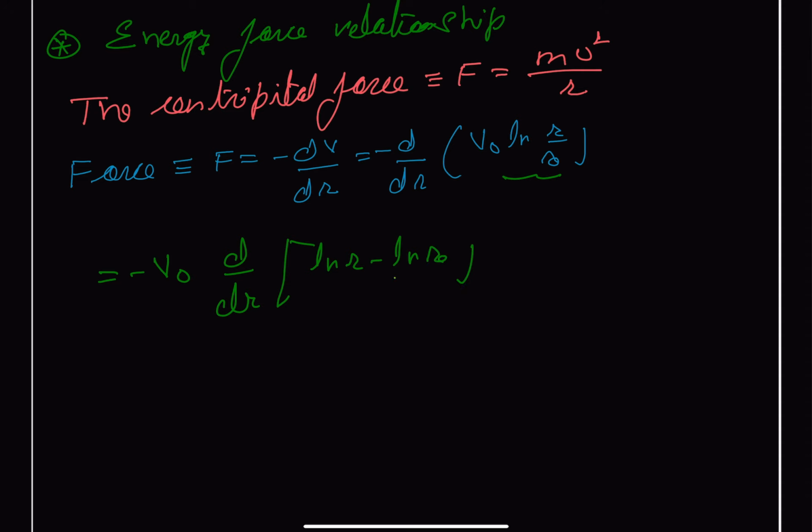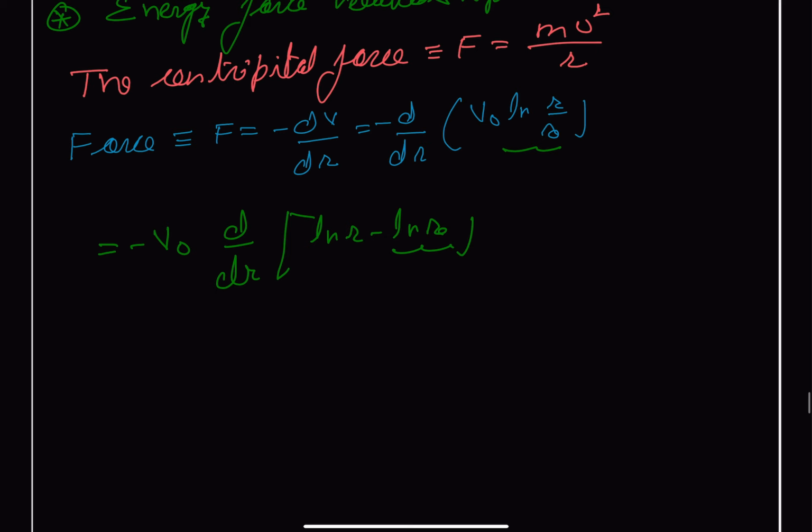We are given that R naught is constant, so its derivative vanishes. And natural log of R gives us 1 upon R. Therefore, this will be equal to minus V naught upon R. This force is the electrostatic force, because we differentiated with respect to distance.